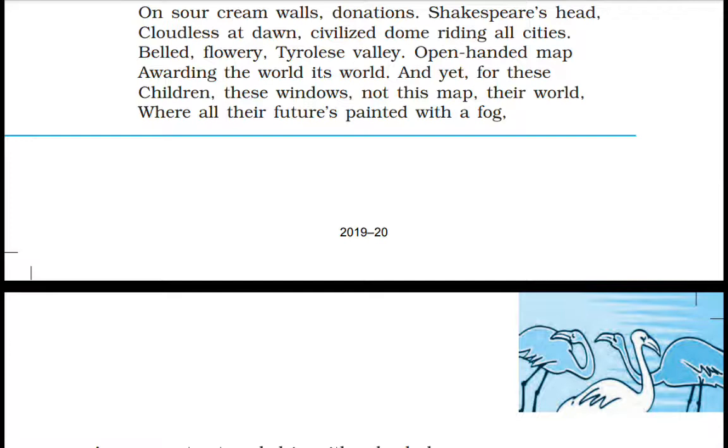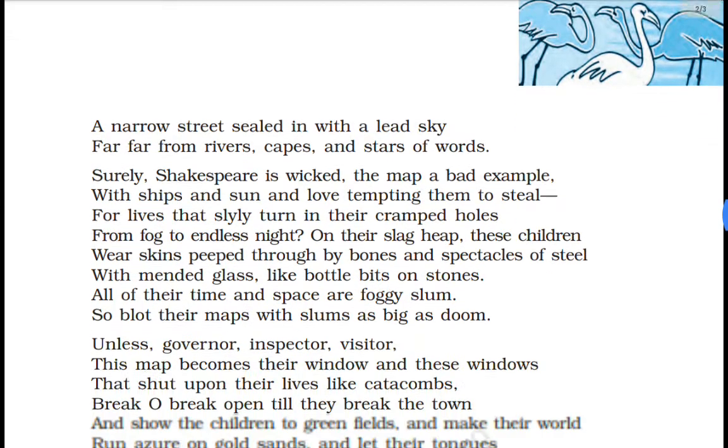But all these things are in contrast to the lives of the underprivileged children, who do not have basic amenities and who live in unhygienic conditions. So they are out of the reach of these children. All these things are far-fetched for these children, and their future is painted with a fog. Now let's move to the next stanza.